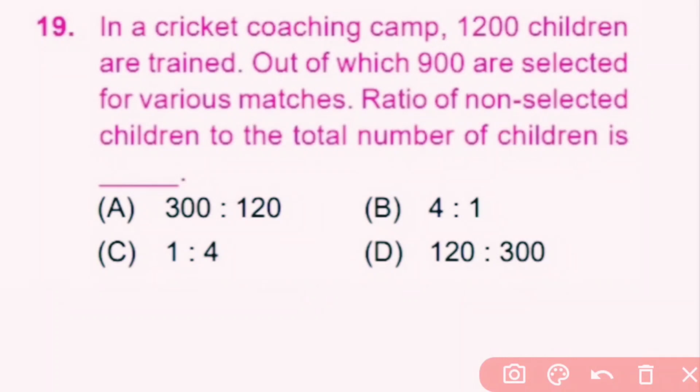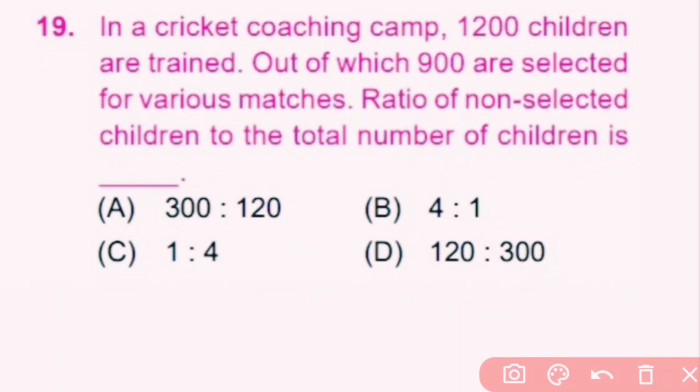Question number 19. In a cricket coaching camp, 1200 children are trained, out of which 900 are selected for various matches. The ratio of non-selected children to the total number of children is dash.